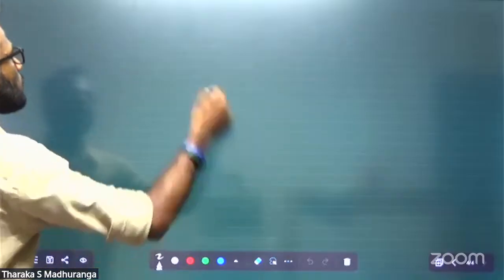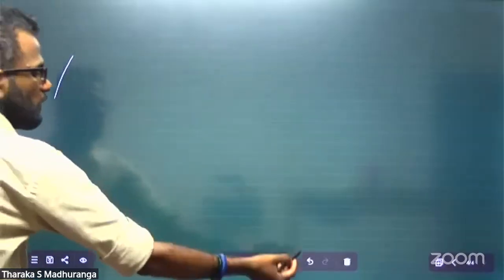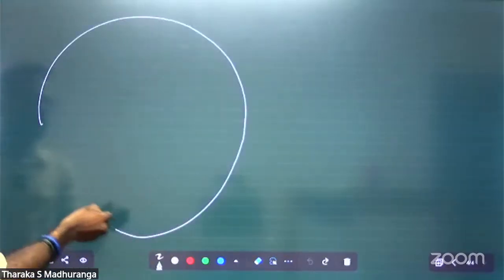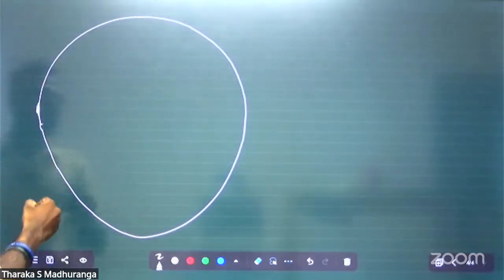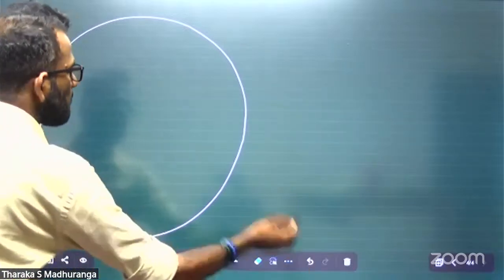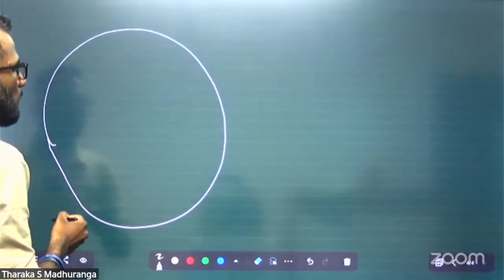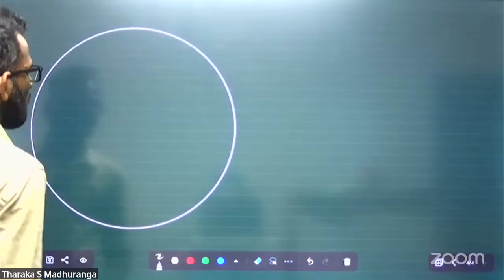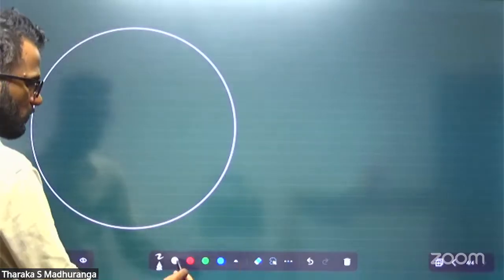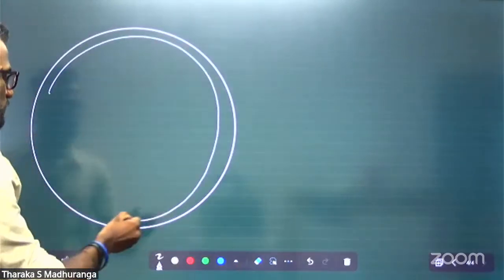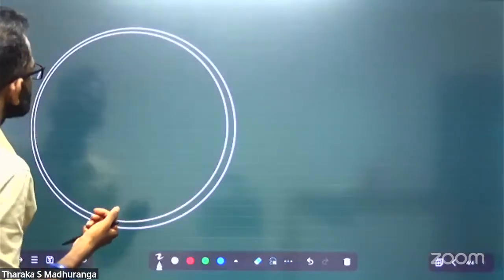I'm going to draw the secondary growth again.